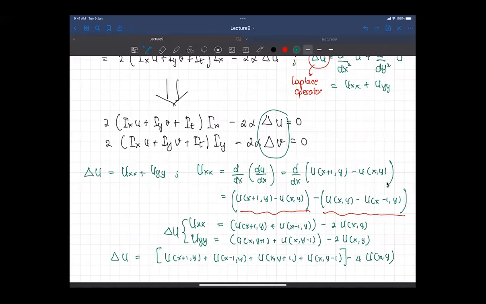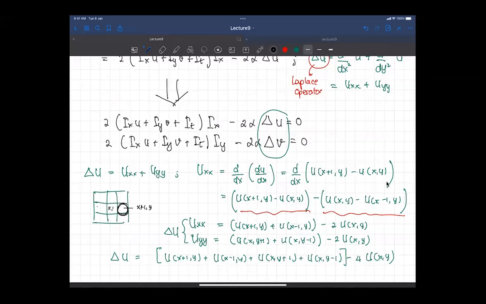Okay, so imagine, if you want to imagine this, it's basically that you have a map. x plus 1 y is here, right? That one is x plus 1 y. This one is x minus 1 y.